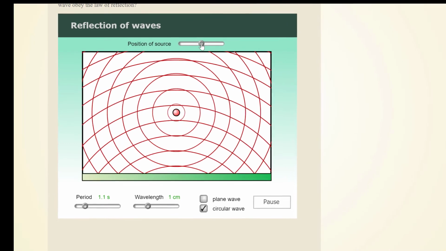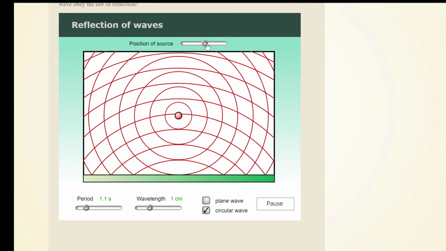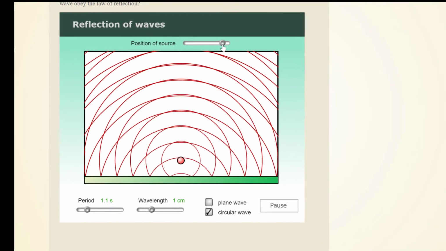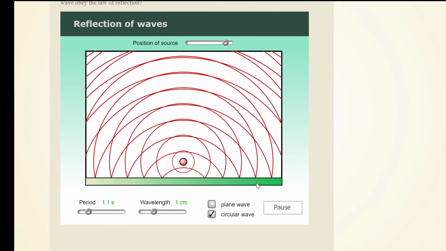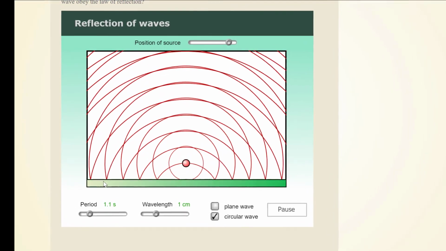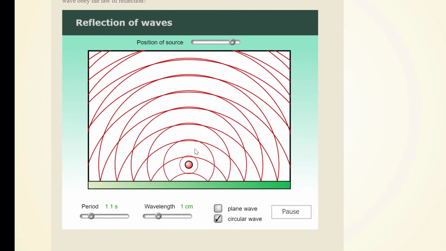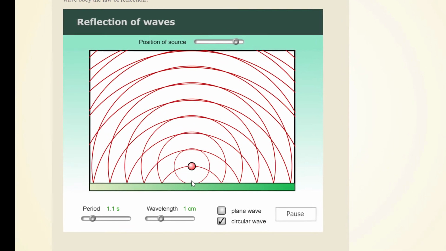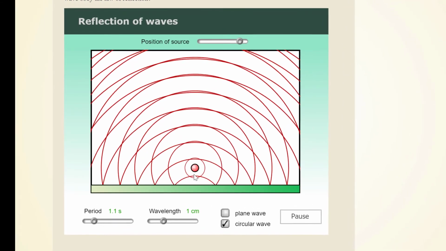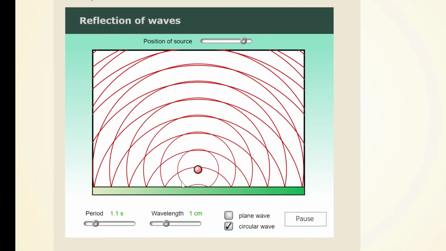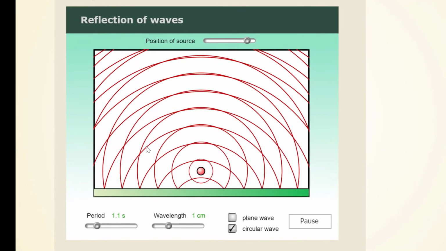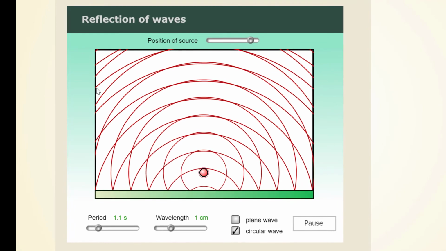If I place the source down, here is the reflector, this is the source, and this is the incident. These are the reflected waves.